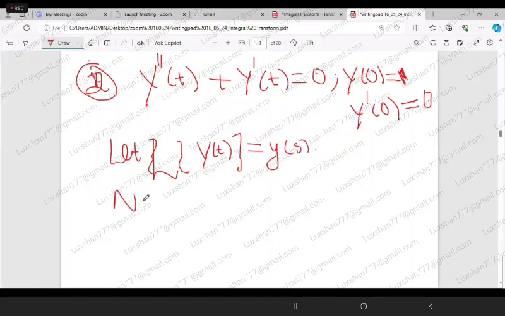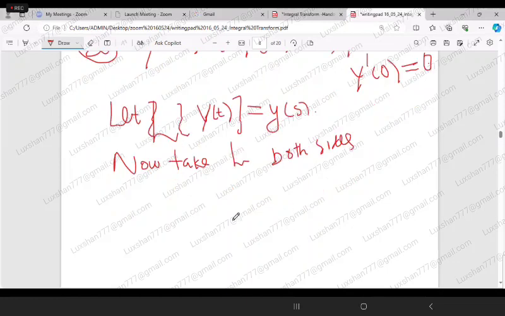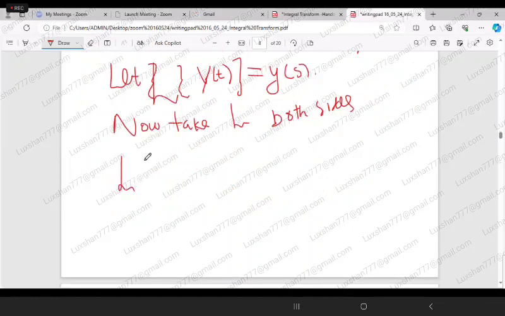Now take Laplace transform both sides. That is Laplace transform of capital Y double dash t plus Y dash t equal to Laplace transform of 0. Fortunately, on the right hand side we have 0.